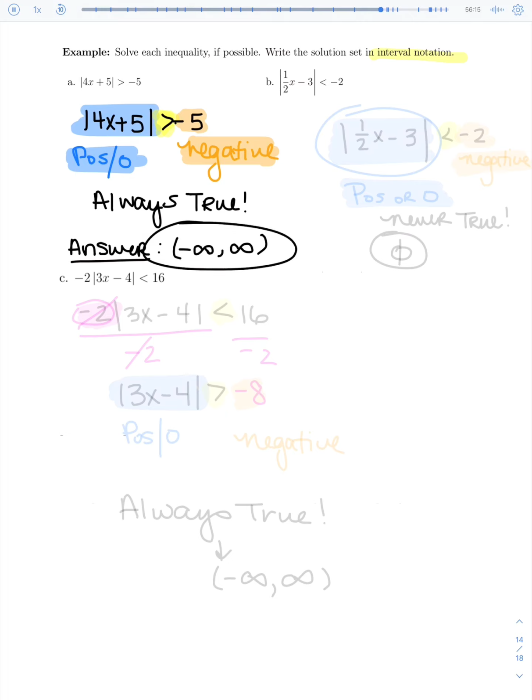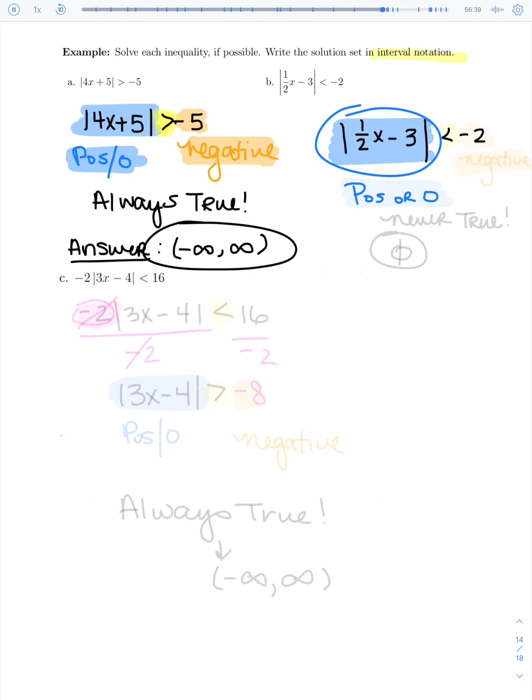Let's try another one. Let's take a look at the absolute value of 1/2 x minus 3 is less than negative 2. So again, we have an absolute value that's already by itself on the left-hand side, which is usually positive or at the smallest 0.